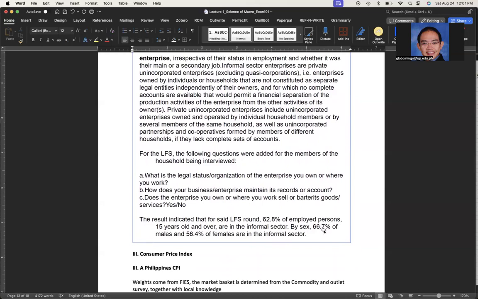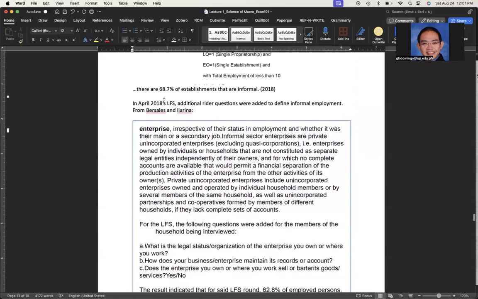By gender, 66% are males and 56% are females in the informal sector. And I just wanted to point out the similarity of 62 and 68. The numbers are similar, but the values should be different.